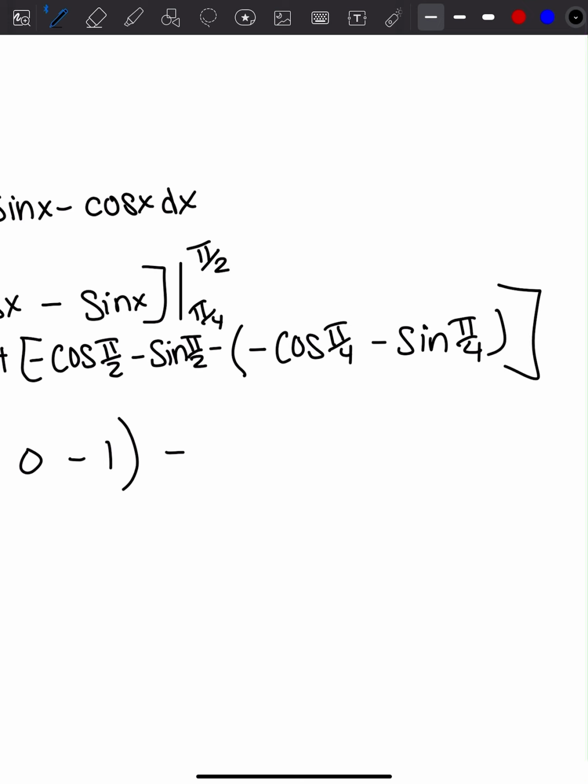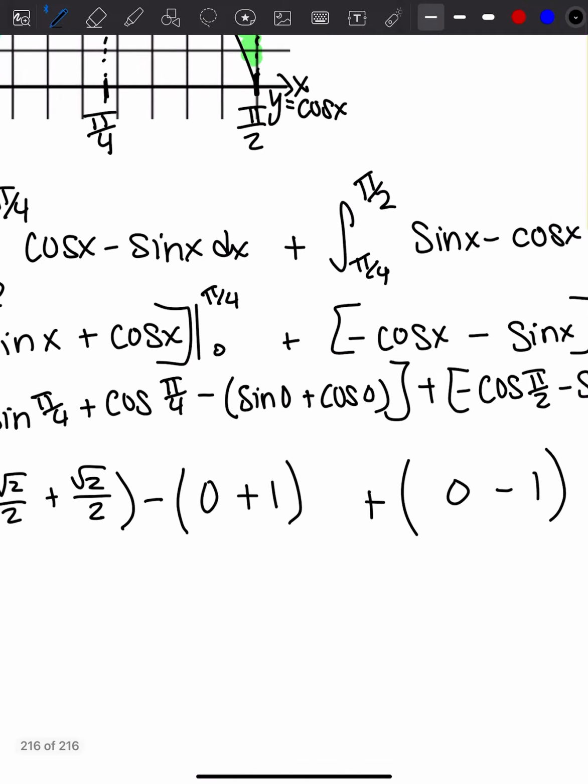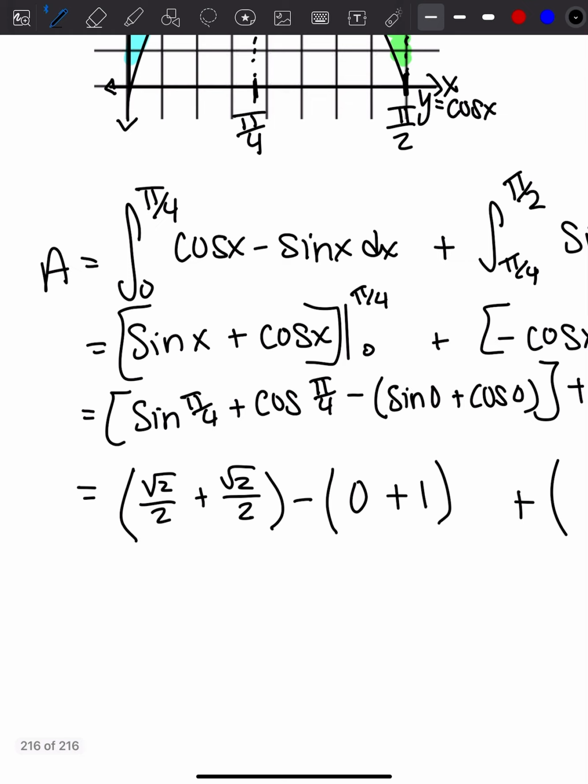Minus negative cosine of pi over 4 and negative sine of pi over 4. And we know that those are square root of 2 over 2's, so we have negative square root of 2 over 2 minus square root of 2 over 2. Okay, square root of 2 over 2 plus square root of 2 over 2.